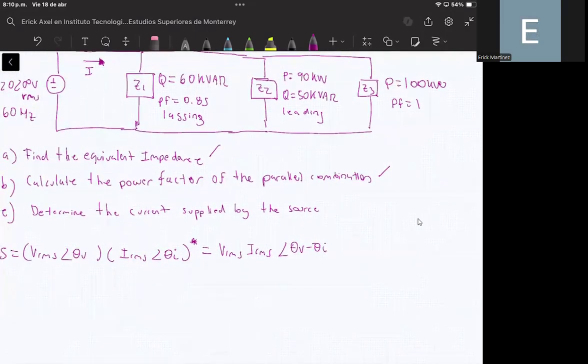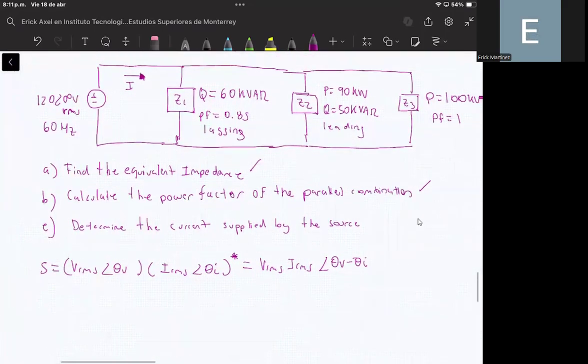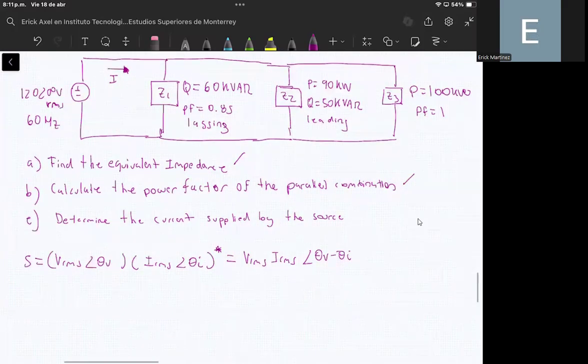Also, we need to compute the power factor of the parallel combination and finally determine the current supplied by the source. So we can also know the value of this current, because the power distributed between each of the loads should be equal to the complex power of the voltage source.